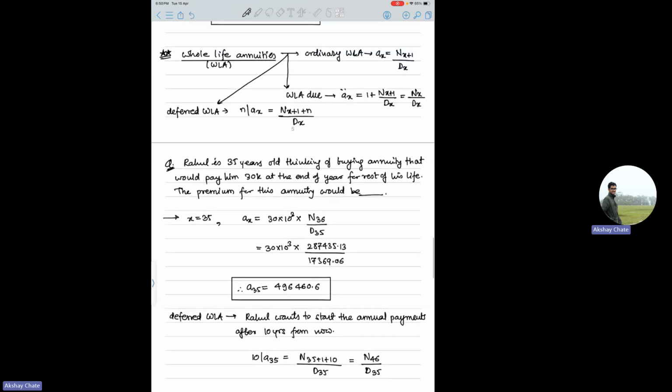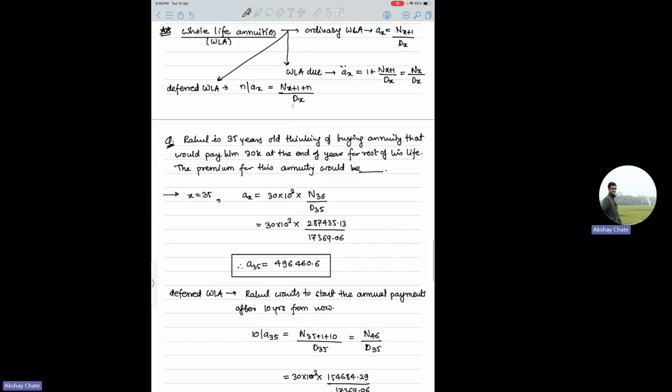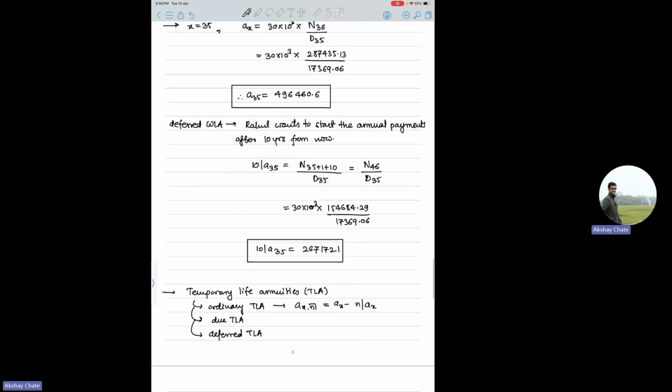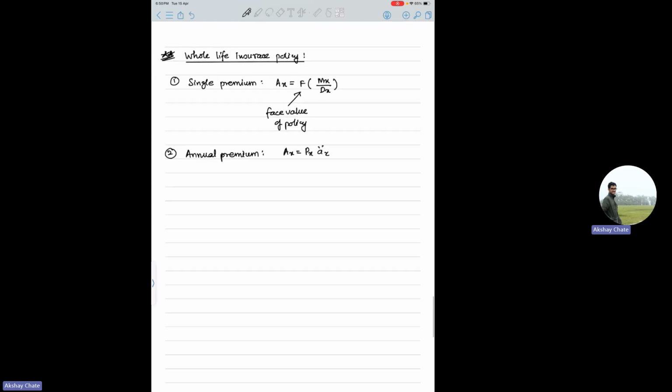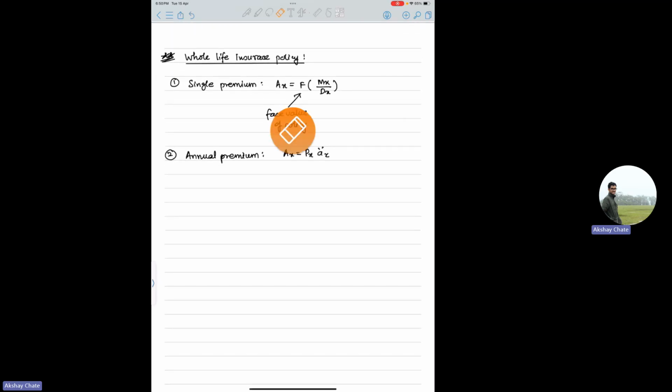We have seen this, which is NX by DX, right? Okay. So the formula that comes out is important. So in such cases, this annual premium PX comes out to be MX by NX into F. So F is face value, and this MX, NX come from your table.